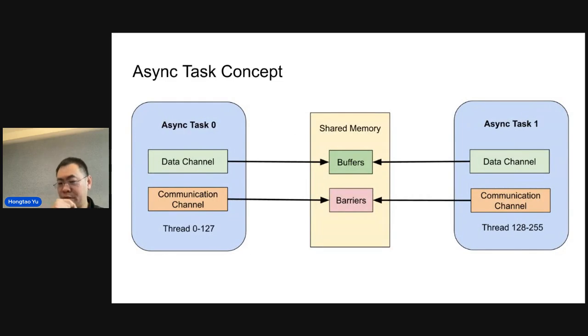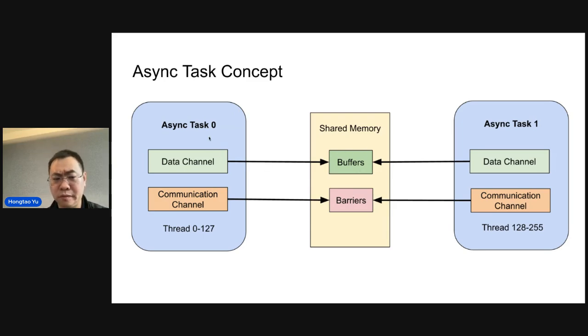So our implementation is mostly based on an async task concept. We are abstracting a specialized warp to be a kind of task, and the task can run in parallel simultaneously with other tasks that are doing a different job, so they do not compete for the underlying hardware resources. Tasks communicate with each other through barriers in shared memory. They also share data through buffers in shared memory too.